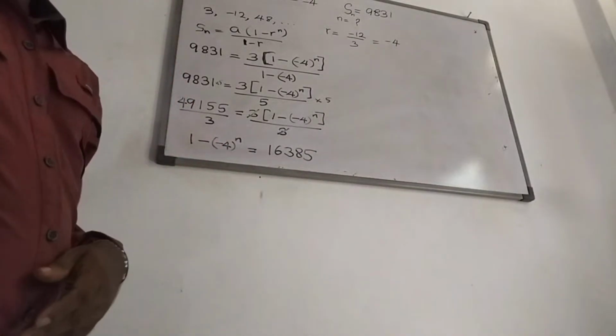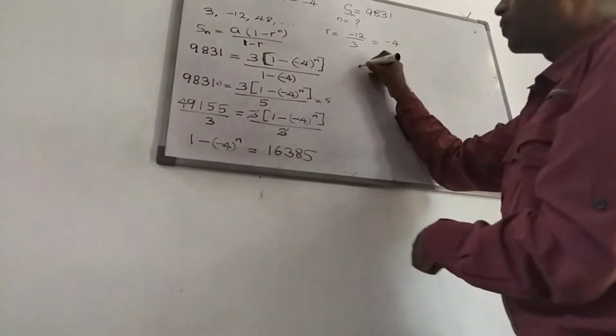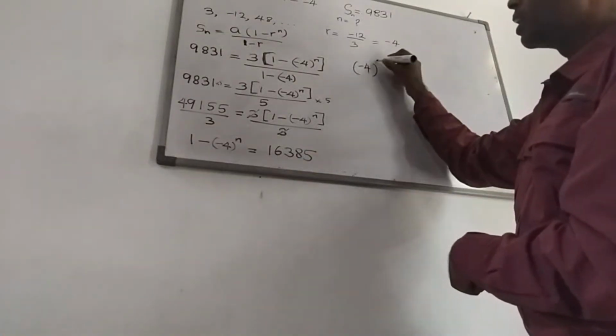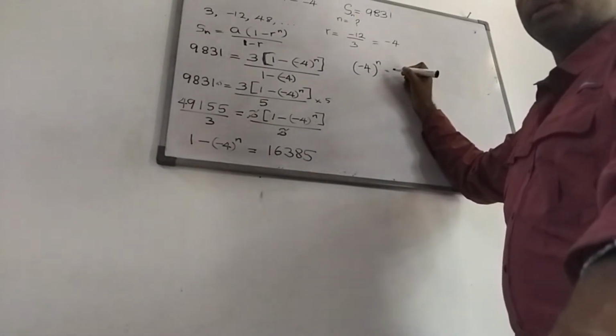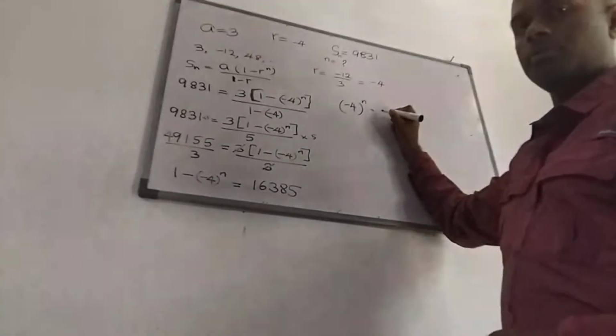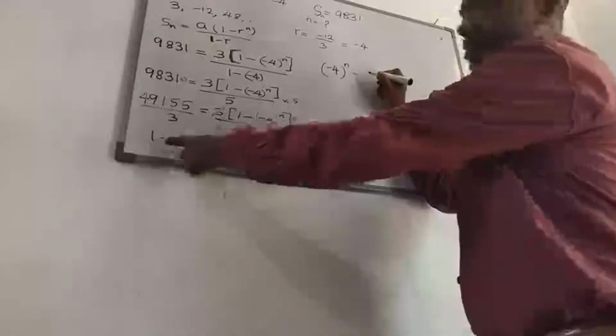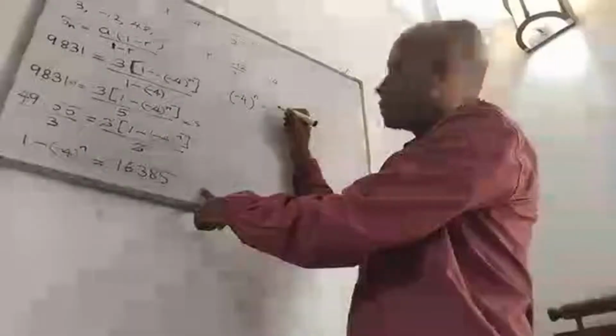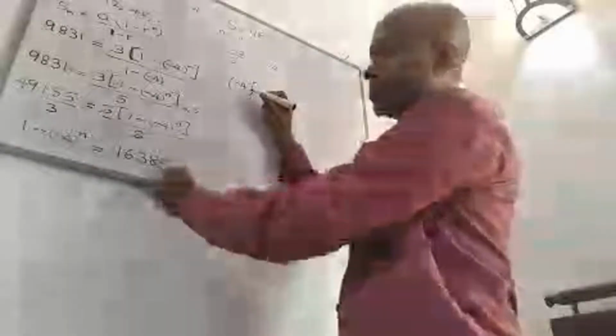I will do it on the other side. Then if you make negative 4 to the power n the subject, take this term to the other side and take the 1 to the other side.